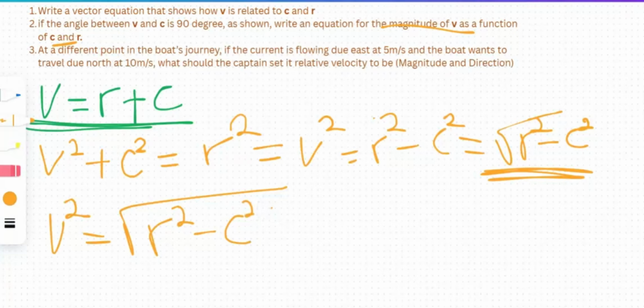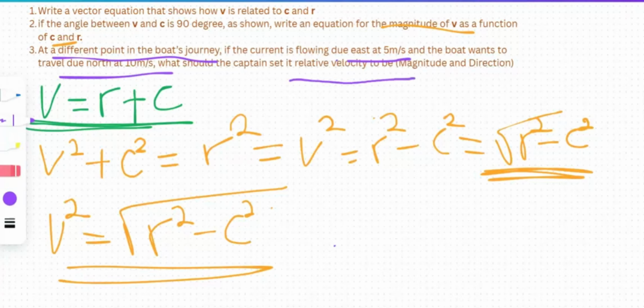Okay. So the next question now says, if at a different point in the boat's journey, the current is flowing due east at 5 meters per second and the boat wants to travel 10 meters per second, what should the captain set its relative velocity to be in magnitude and direction?